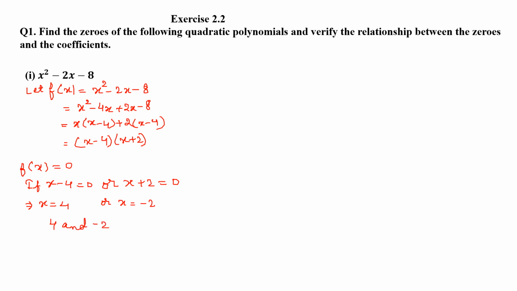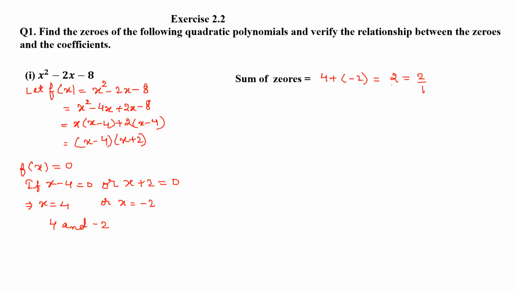Now I have to check the relation also. So we know that the sum of the zeros, I'm going to add it, will give me 4 plus minus 2. Zeros are 4 and minus 2. Sum means you have to add it. So 4 plus minus 2 will give me 2. This 2 further I can write as 2 by 1.